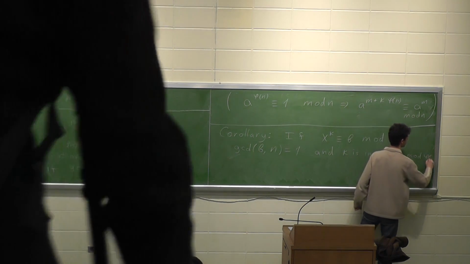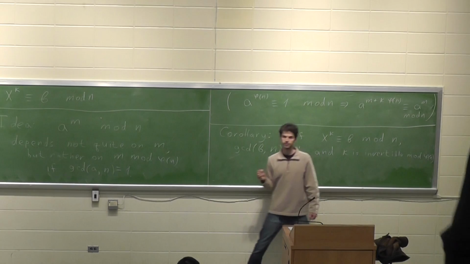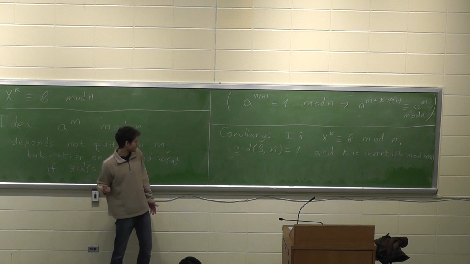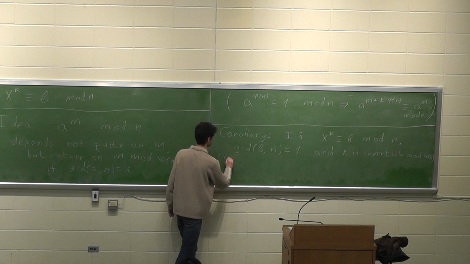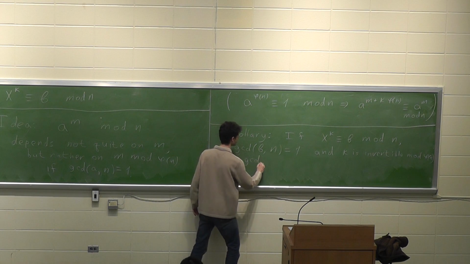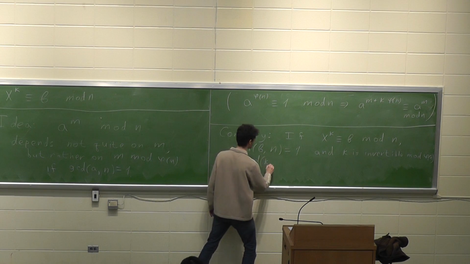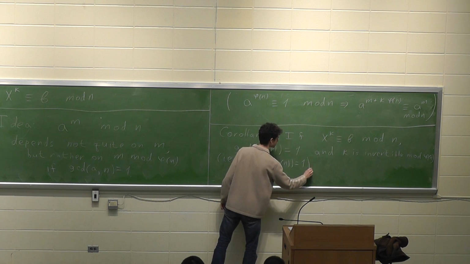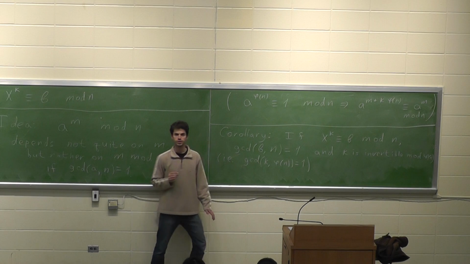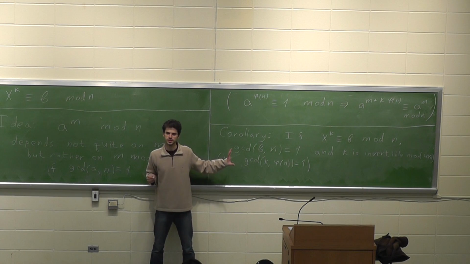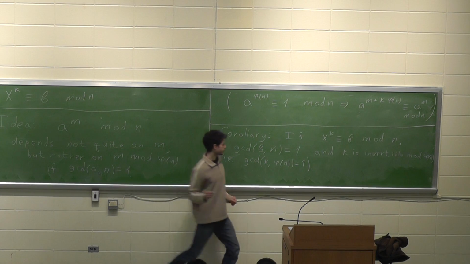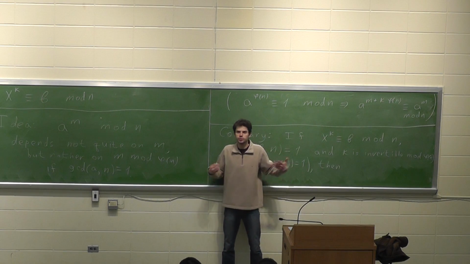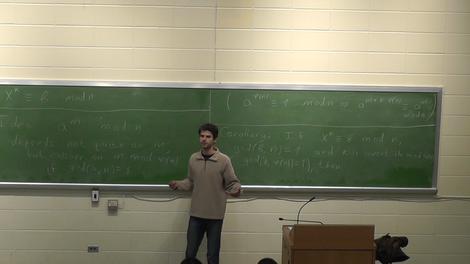What it means is that GCD of k and phi of n is also equal to 1. So suppose that this holds. Then in this case, you can compute its inverse modulo phi of n.